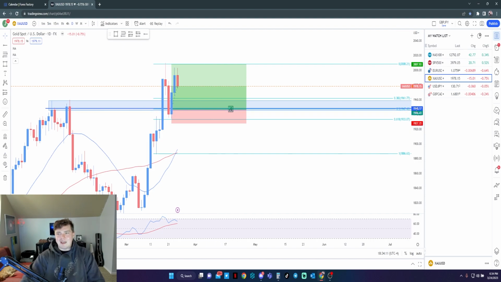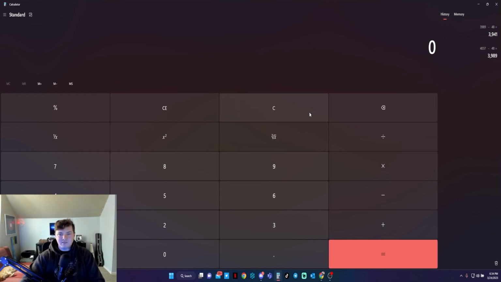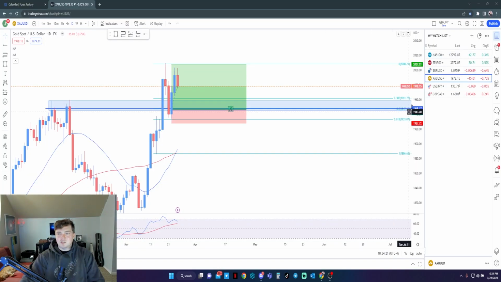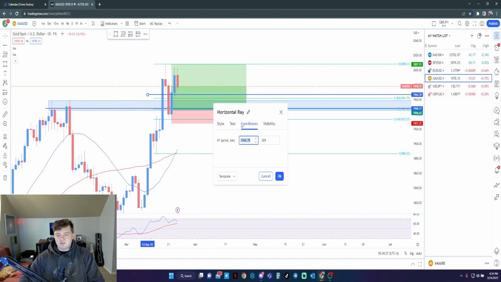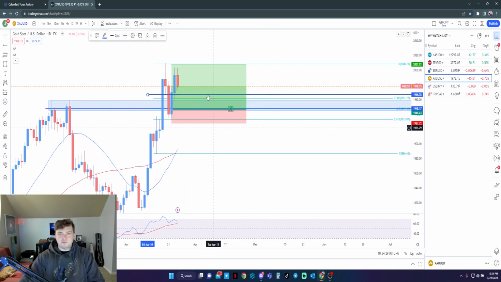So I'm just going to add 18 to 48. So going to the calculator, 18 plus 48 is going to give me 66. So that tells me 1966 is 1R. So I'll drop a line, go into settings. Oh, that was pretty perfect. So 1966, we're at 1R. What do we do at 1R?